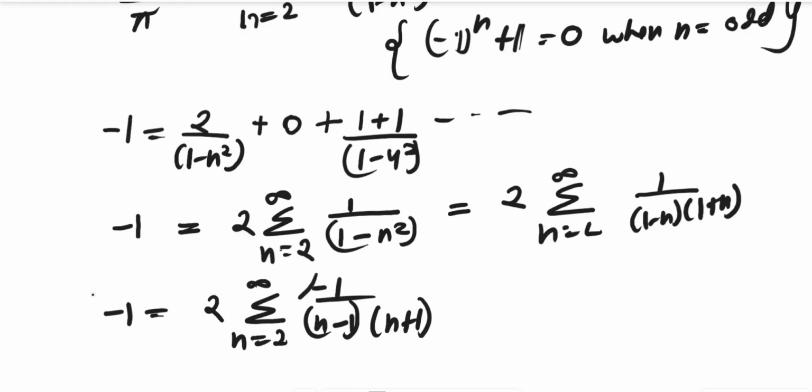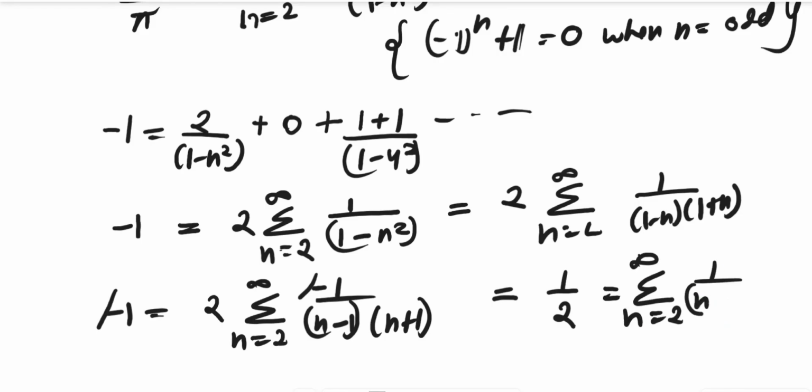Now minus से minus cancel, it is 1 upon 2 is equal to summation n from 2 to infinity 1 upon n minus 1 and n plus 1.